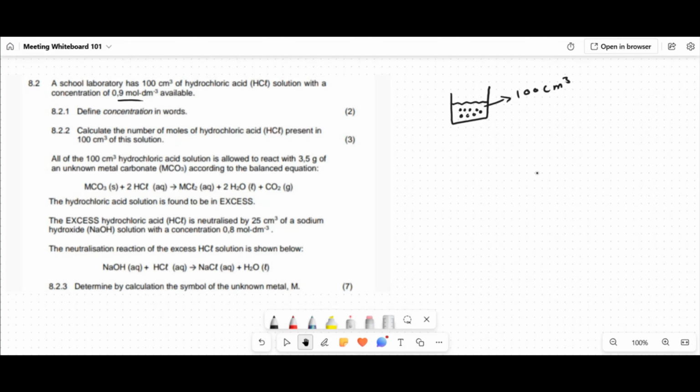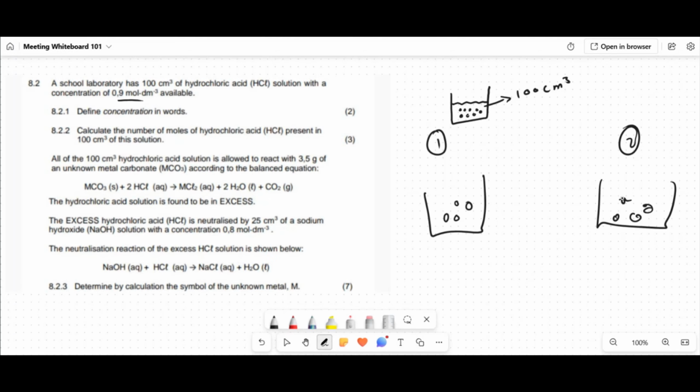So what actually happens is that concentration means the amount of solute that dissolves in a solvent, or the number of moles per liter of the solution, right? So let's say we have beaker one and beaker number two, and here we have almost those particles, and here we have those particles.